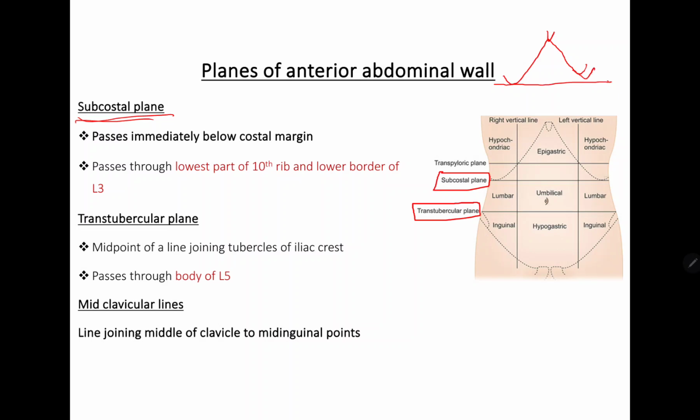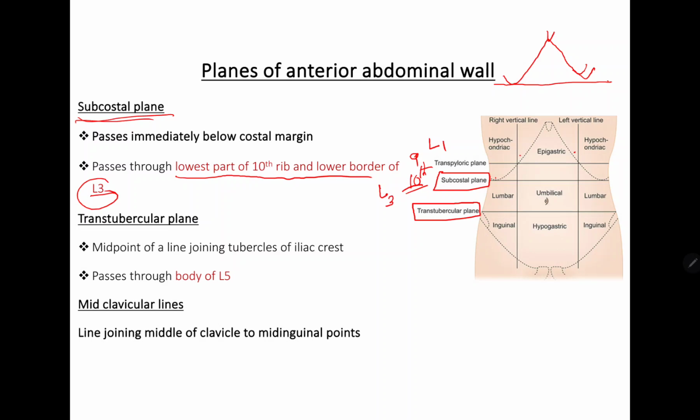Remember, the subcostal line passes below the costal margin, through the lowest part of the 10th rib and the lower border of L3. The transpyloric plane was passing through the 9th costal cartilage and L1, and this plane passes along the 10th rib at the level of L3. Remember this L3.